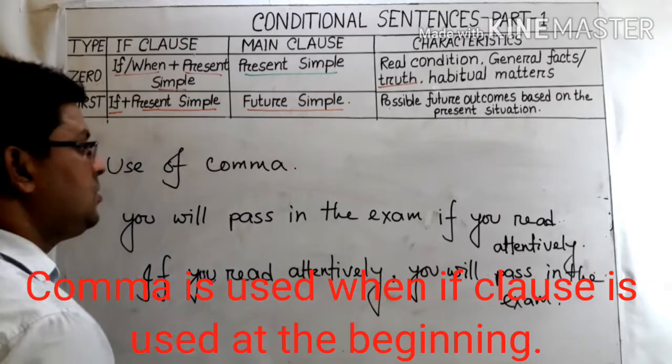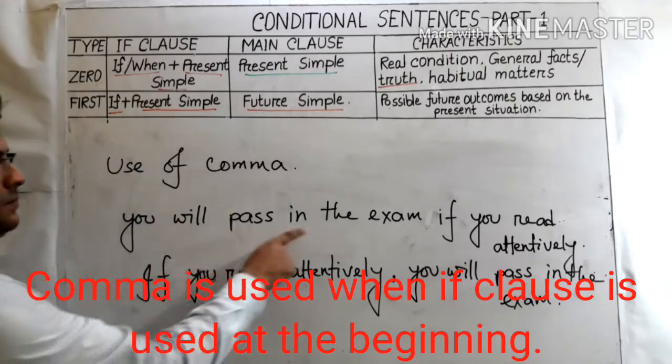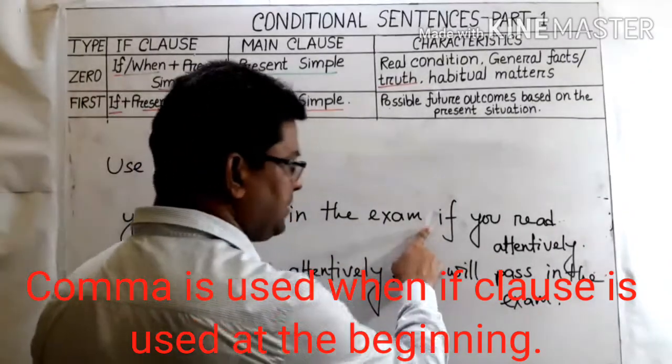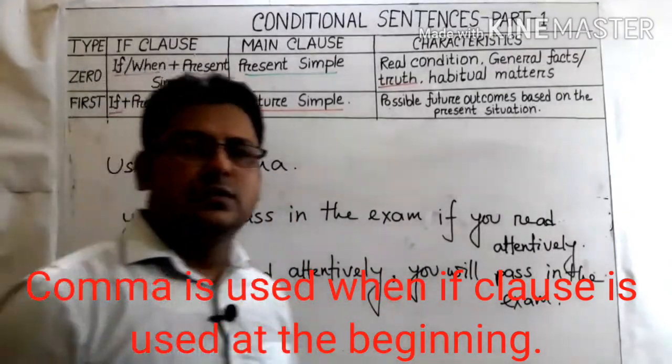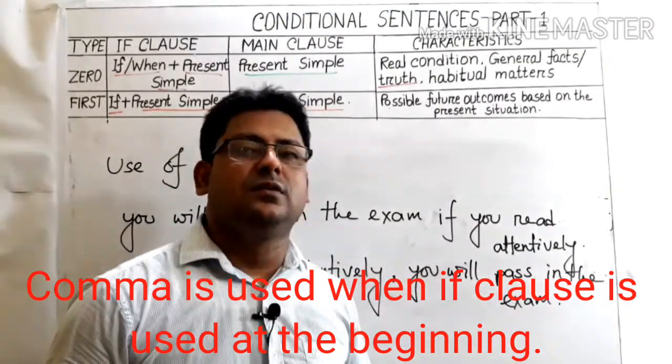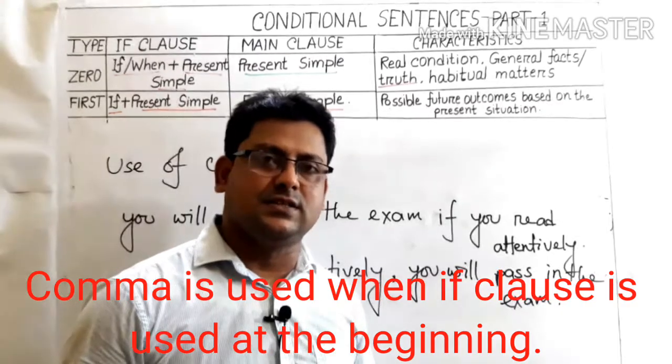On the other hand, when you use the main clause at the beginning, it is not necessary to use a comma after the main clause. This is the most important matter for using conditional sentences.